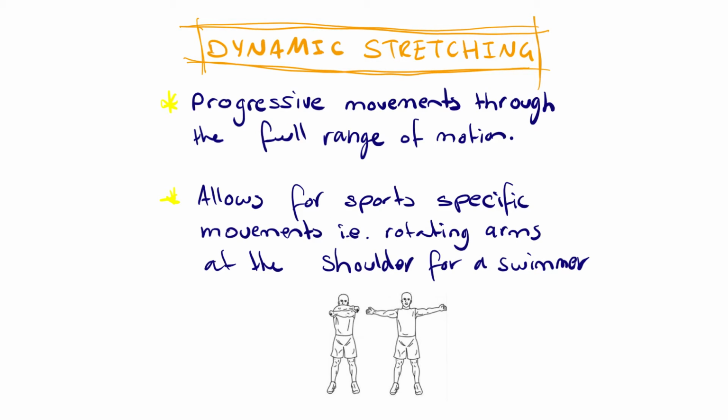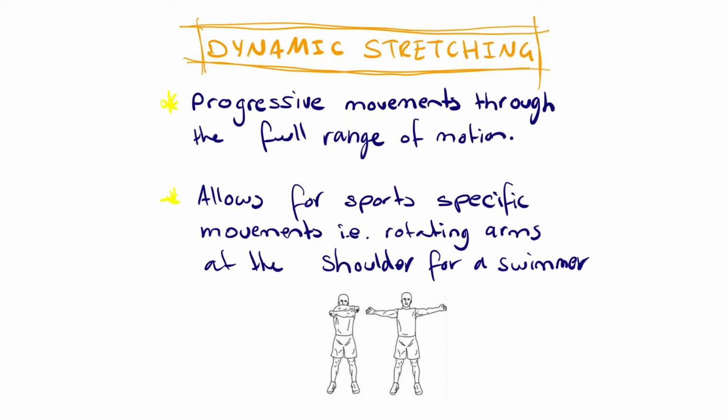When we look at dynamic stretching, it's very much a progressive movement through the full range of motion. It's become quite popular, especially in team sports, because athletes can prepare their body for the types of movements that they're going to experience throughout the game or throughout their performance, because it allows for these sport-specific movements.